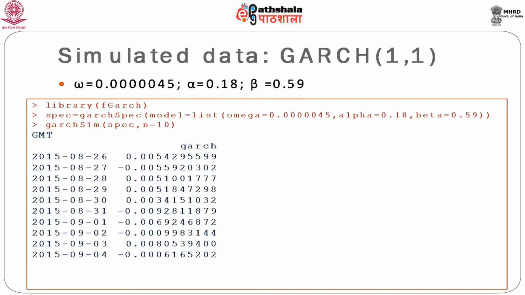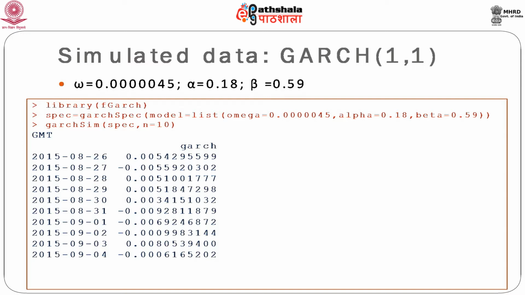There you just pass the garchSpec object and then mention the number of time points for which you want to generate your data. This function will provide the daily data with respect to the date.